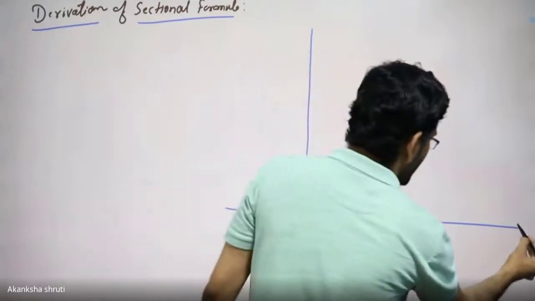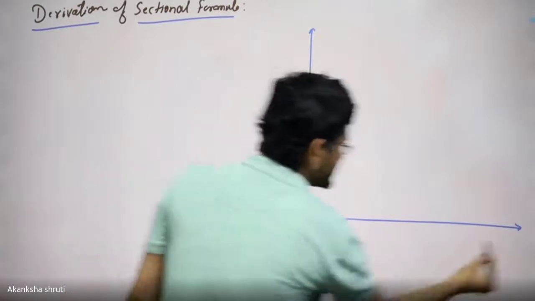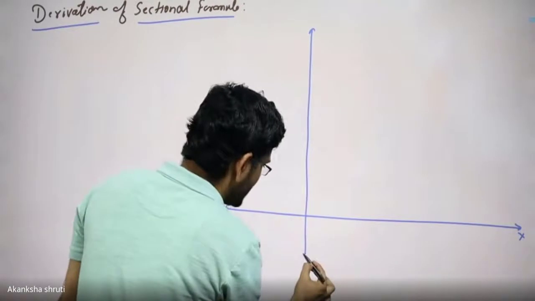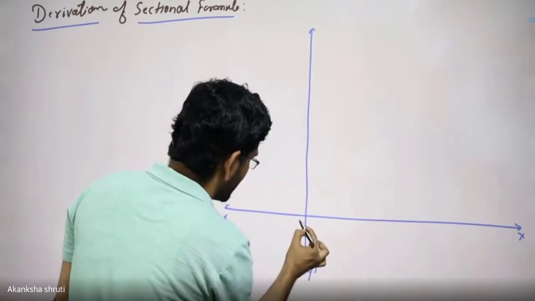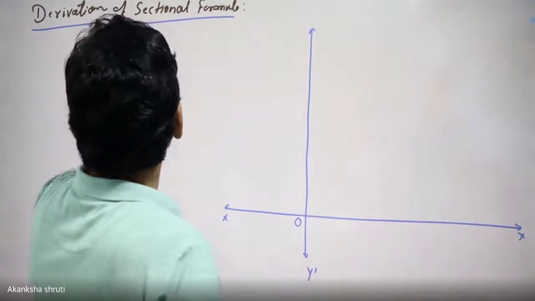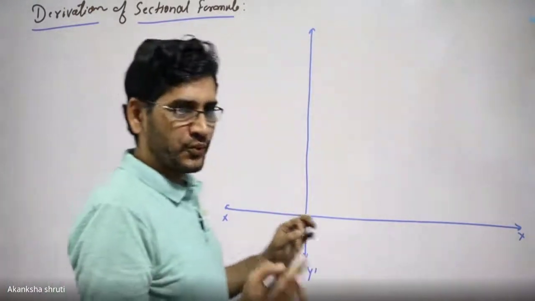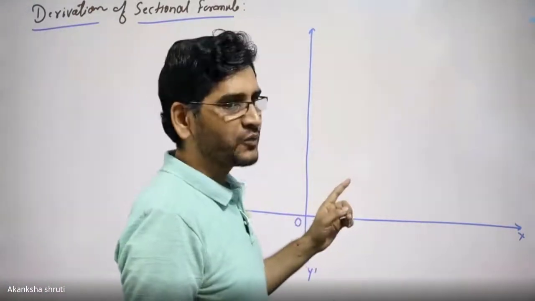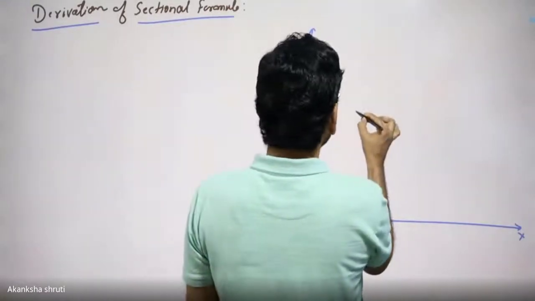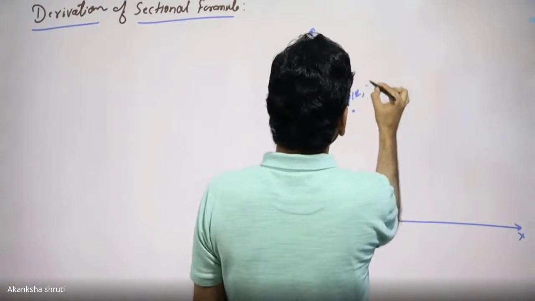Let us consider our coordinate system with X'X as the horizontal axis or x-axis, and Y'Y as the y-axis, and their intersection as the origin. The section formula is applicable for two points, and a third point dividing the line segment joining the two points. So students, let us consider our first point as P (x1, y1).